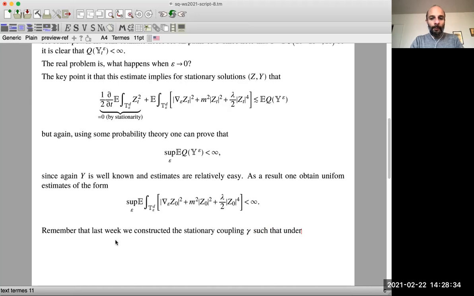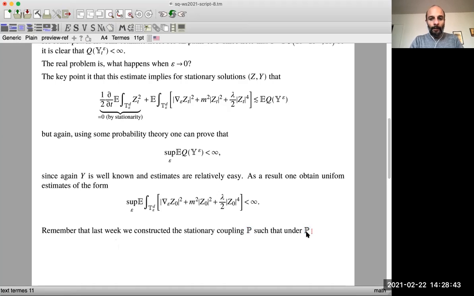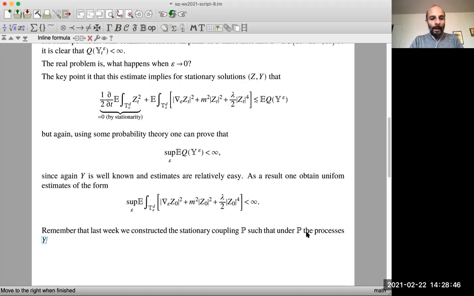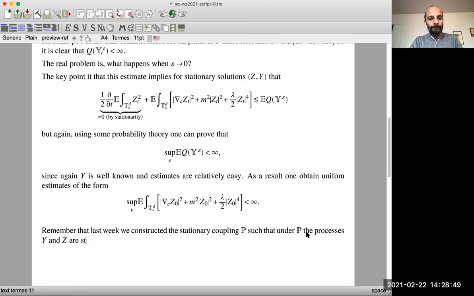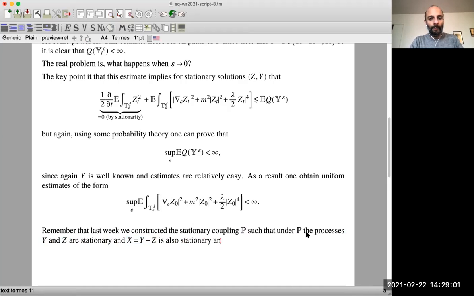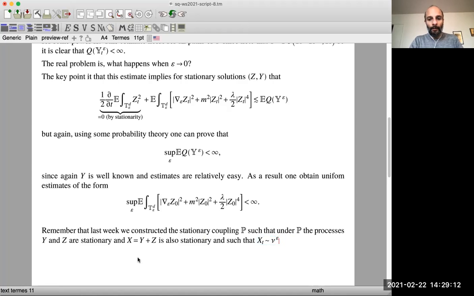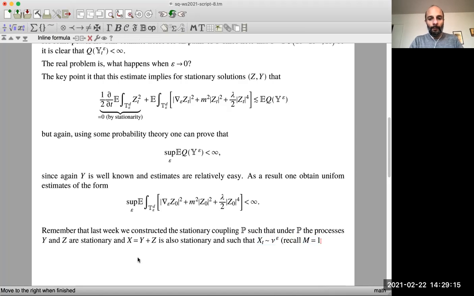such that under gamma, let me give a name to this stationary coupling. Let me call it P, okay, such that under P, the processes Y and Z are stationary, and X equal to Y plus Z is also stationary, with X_t law nu epsilon, m, okay, and we call m equal 1 today.